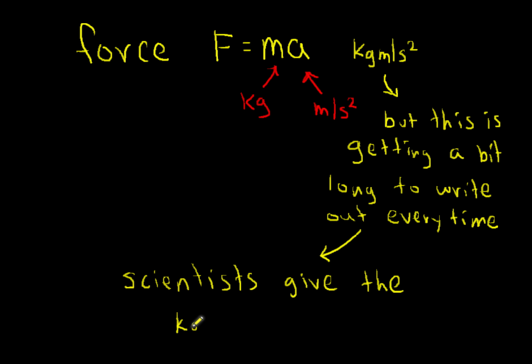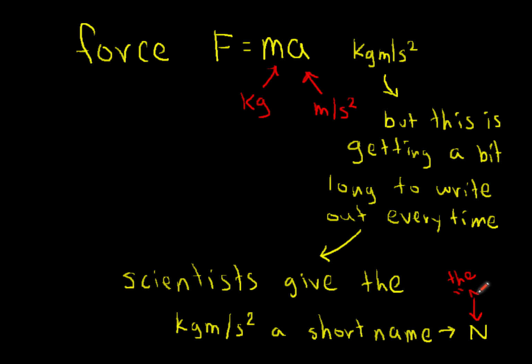They gave it a shorter name, given by the letter N, which we call the Newton. But the Newton is not an official unit or a base unit. It's a unit that's been derived out of the base units of kilogram, meter, and second.